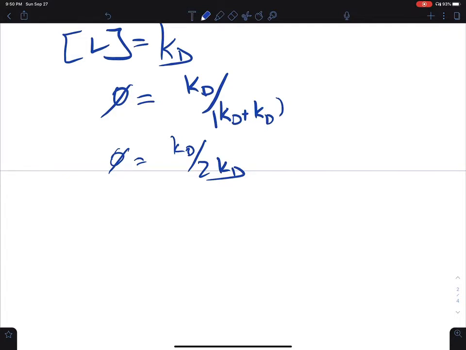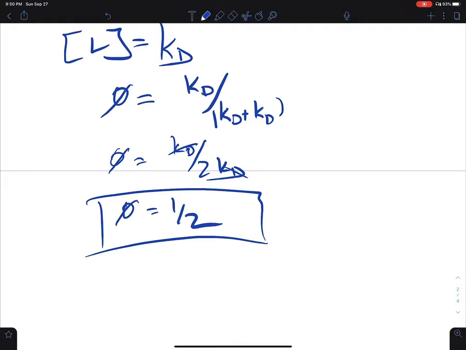And so he struggled with this concept. So theta here is equal to Kd over 2Kd, or we can eliminate these Kds to say theta is equal to 1/2, right? So we can define a concentration at which you have 1/2 bound protein, right?